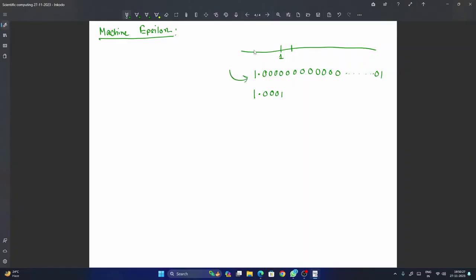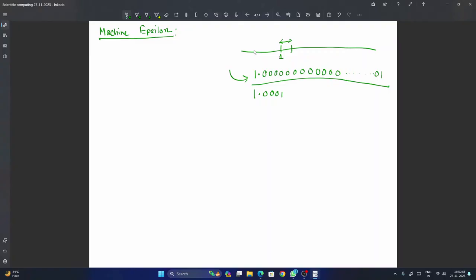Obviously the first machine, because it can actually store small changes in the values, but the other can't sense that, or it can't store those values. So that's why machine epsilon is actually the gap between the 1 and the value just after that. Suppose if your binary machine after the 1 saves this number, that means the difference from this 1 to that number is the machine epsilon.